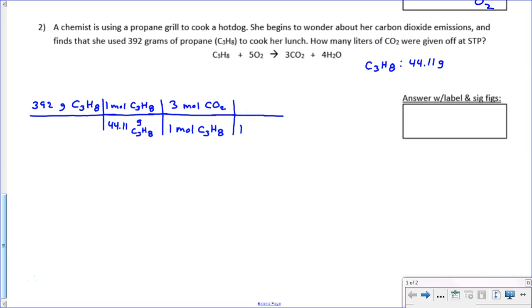So we know that for every 1 mole of CO2, there are 22.4 liters of CO2. If you calculate that and round your answer to 3 sig figs, you should get 597 liters of CO2.